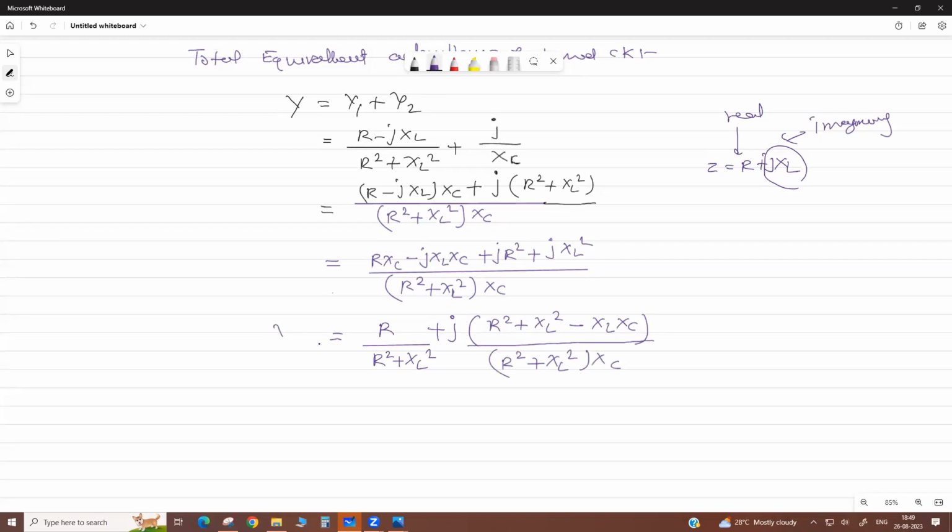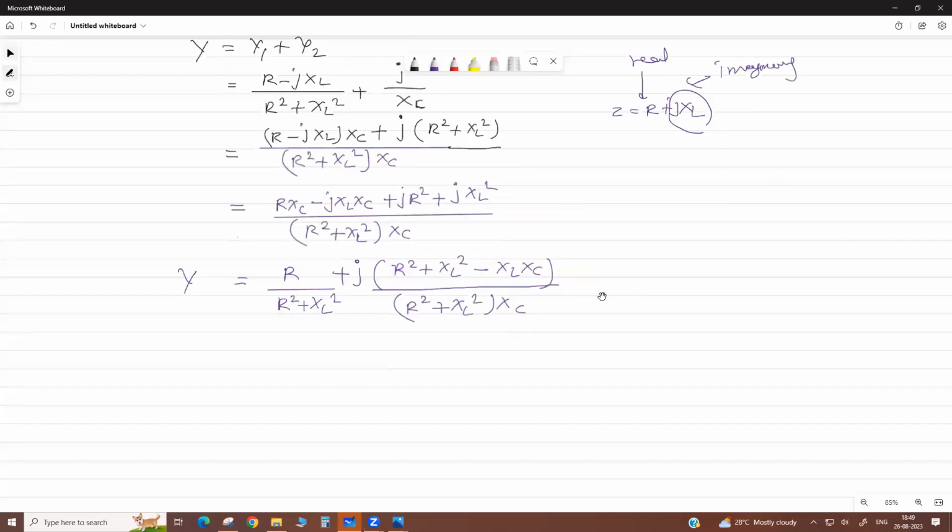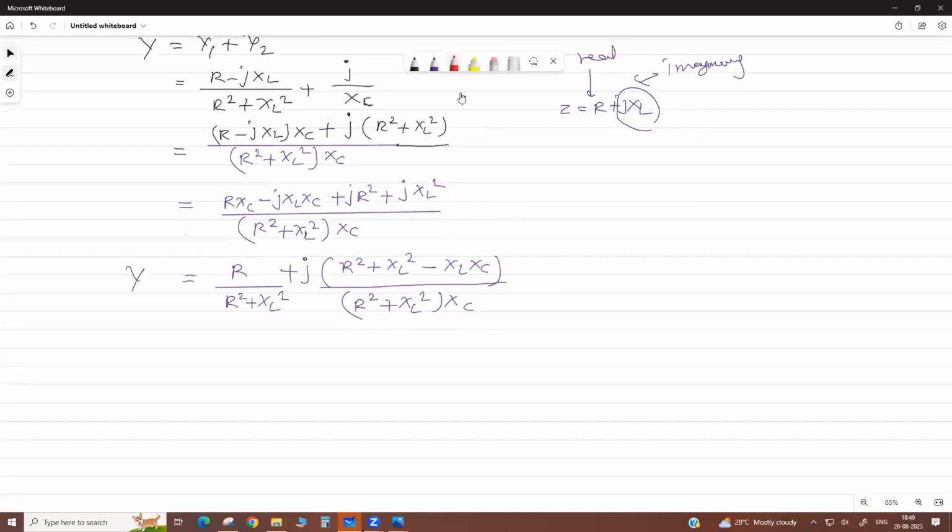This is the total admittance. Now admittance means Y equals 1, it is the inverse of Z. Z has two parts, real and imaginary. Similarly, your admittance also has two parts. This is the real portion, this is the imaginary portion.